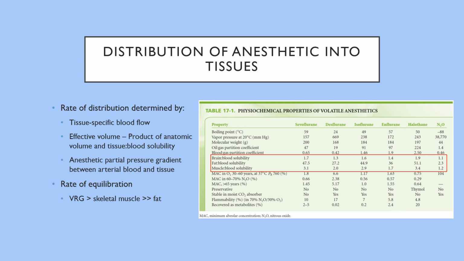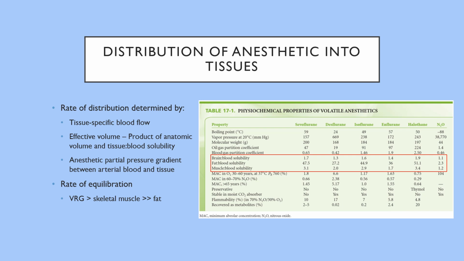When looking at the rate of equilibration, the anesthetic equilibrates in the vessel-rich group quickest, followed by skeletal muscle, and then finally fat.